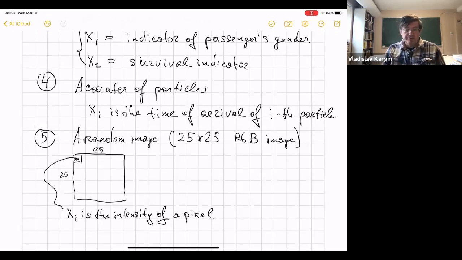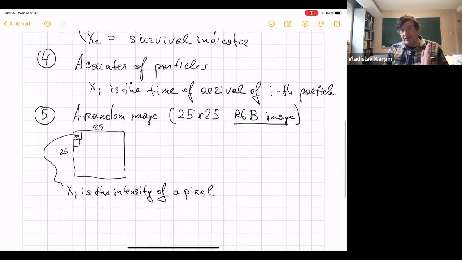There are 25 pixels in every column and 25 pixels in every row, so you can represent the image as a matrix of the intensities of the pixels. And since it's RGB, you also have three intensities for every color: red, green, and blue.